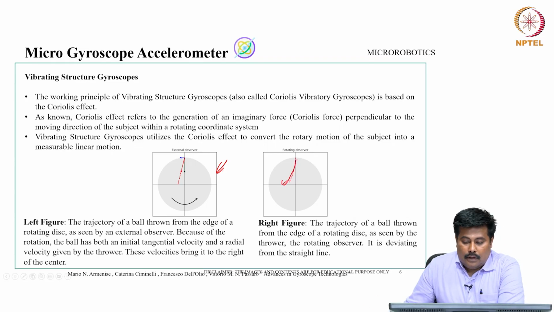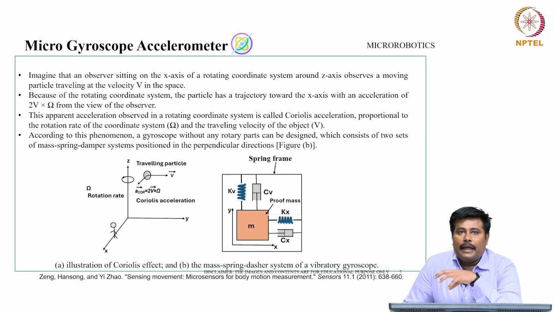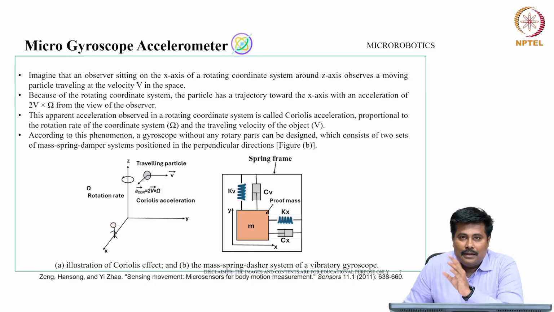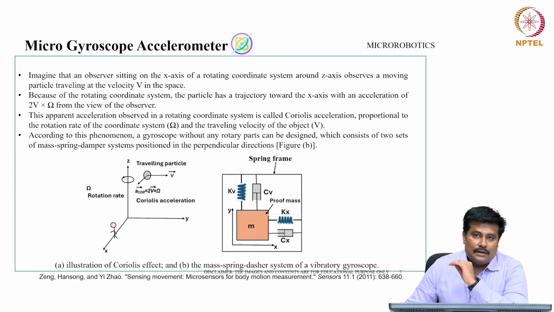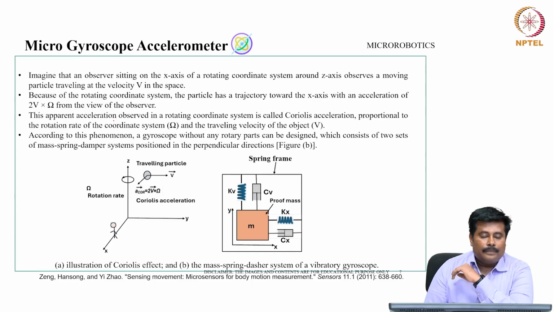Now, imagine that an observer is sitting on the x-axis of a rotating coordinate system around the z-axis and observes a moving particle traveling at the velocity v in space. Because of the rotating coordinate system, the particle has a trajectory towards the x-axis with an acceleration of 2vΩ from the view of the observer.